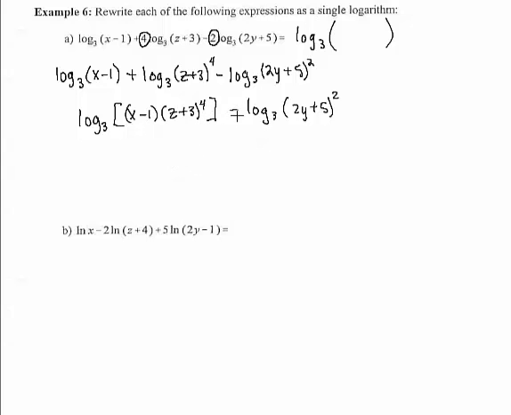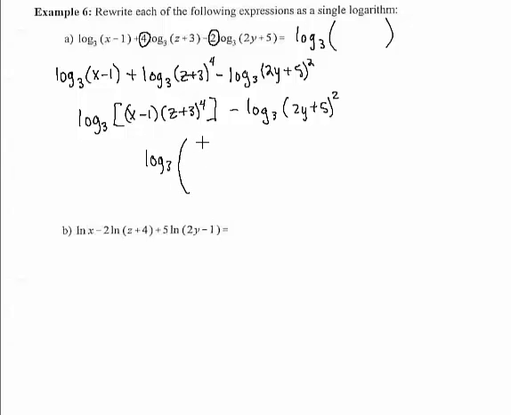These two log expressions that I have now are separated with subtraction. And if we go backwards, we simply write the arguments of the two in terms of division. And this will be our last step.